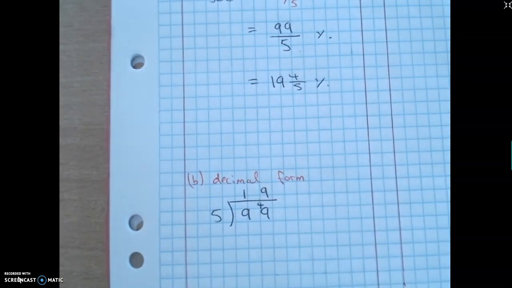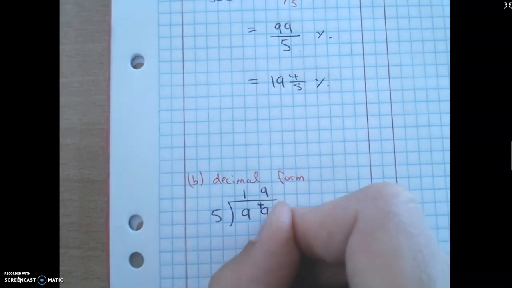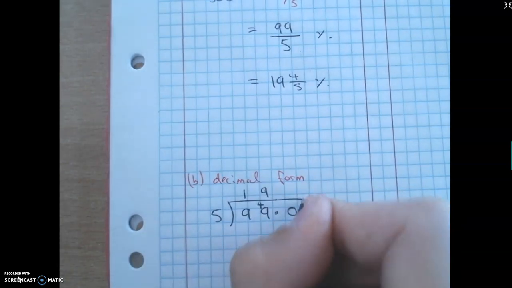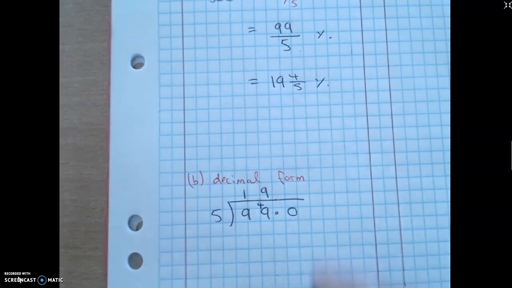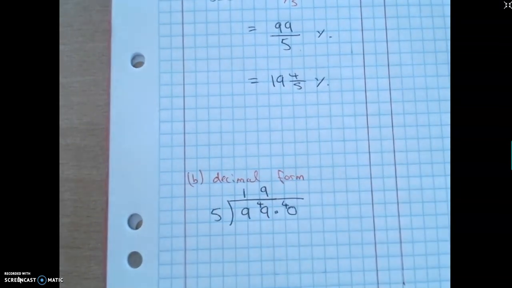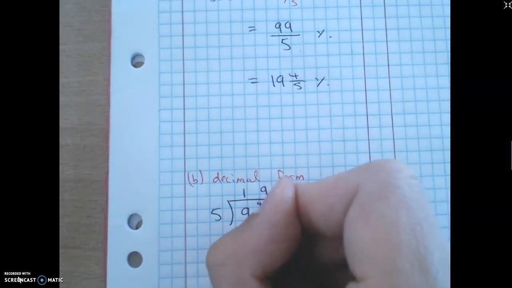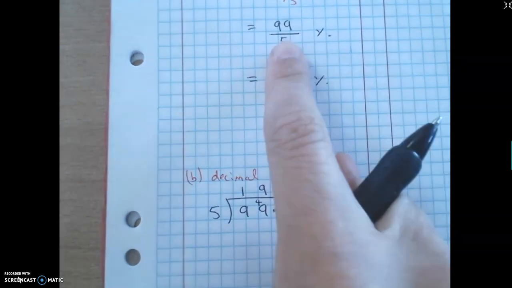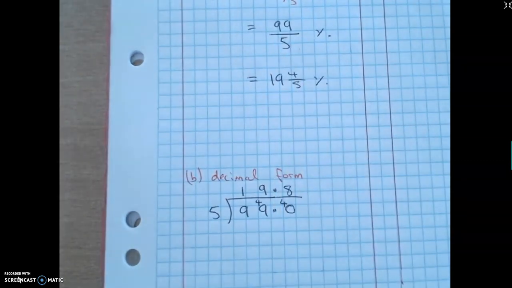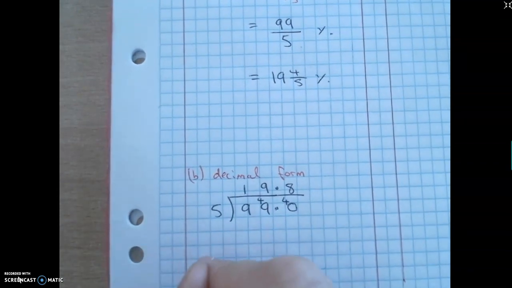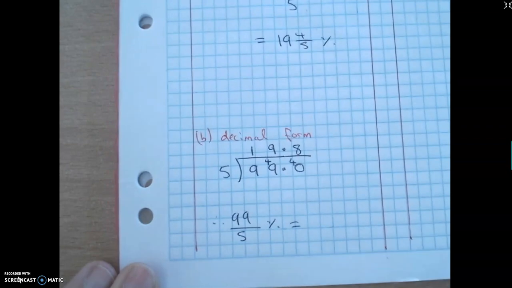Now remember, if it doesn't go in exactly, you can add a 0 here. So since we had 4 left over, the 4 carries there. And then does 5 go into 40 evenly? Yes, 8 times. So instead of having 99 over 5%, we could write it as 19.8%.